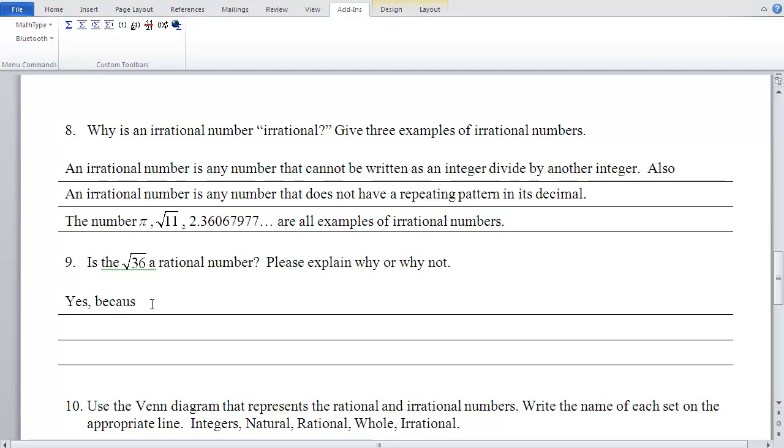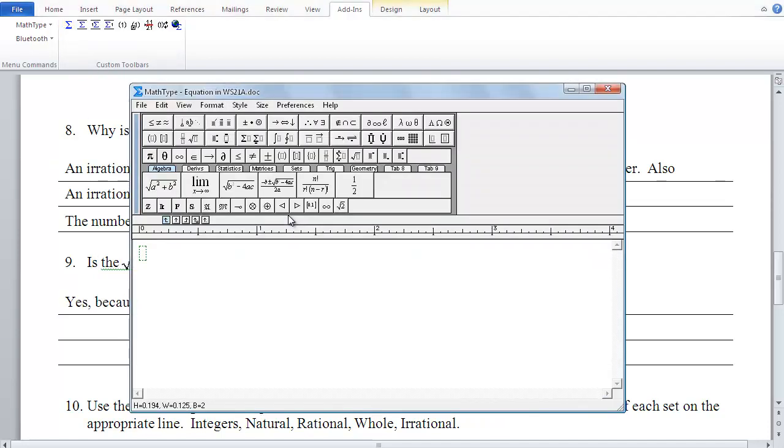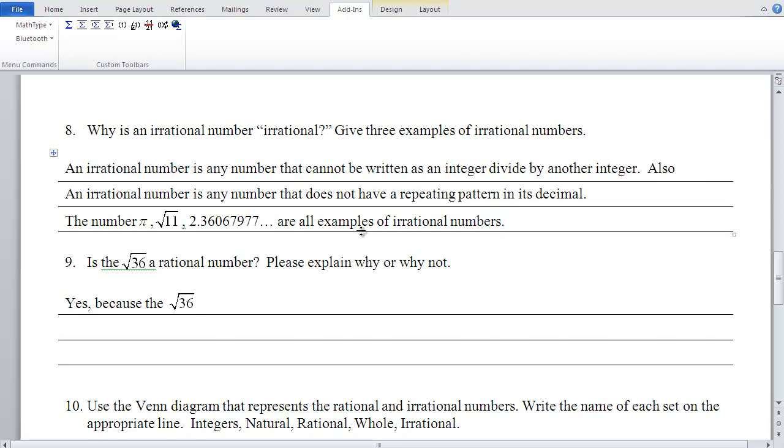Because the square root of 36, let me fill this out again, is a perfect square and simplifies to the number 6, which is a rational number.